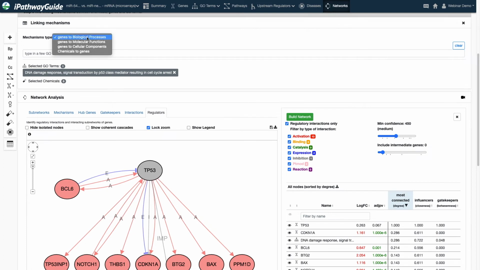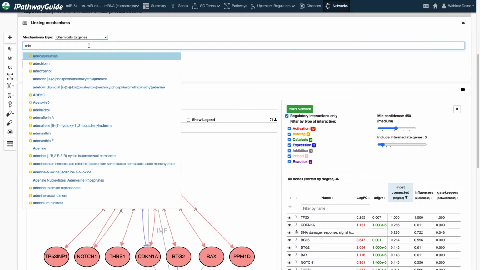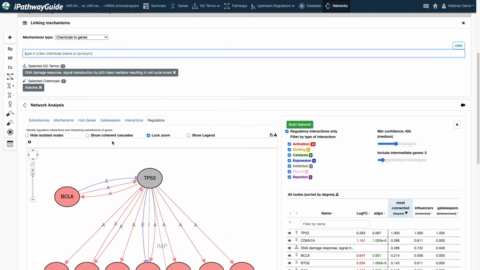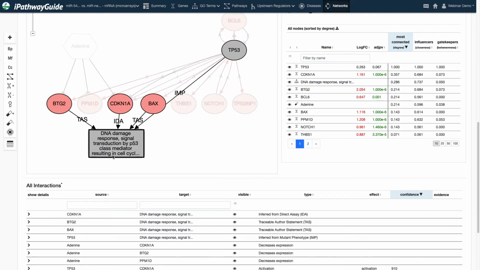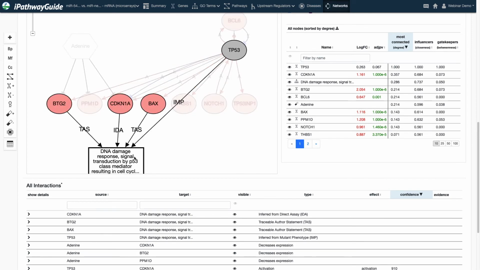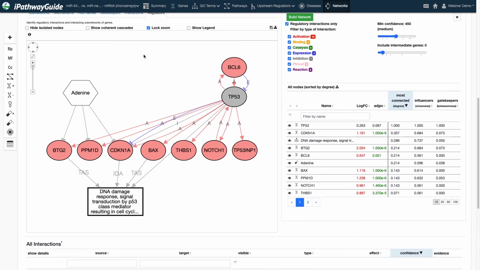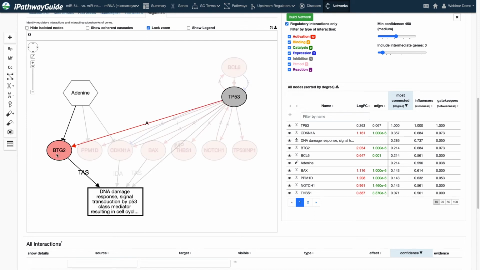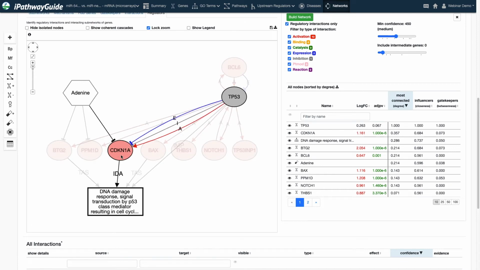So up here we can add adenine, and I click build, and the answer is yes. 2 of those 4 genes, hold on, you can't quite see. So adenine inhibits BTG and CDKN1A. So it essentially could reverse some of the things that we're seeing here.